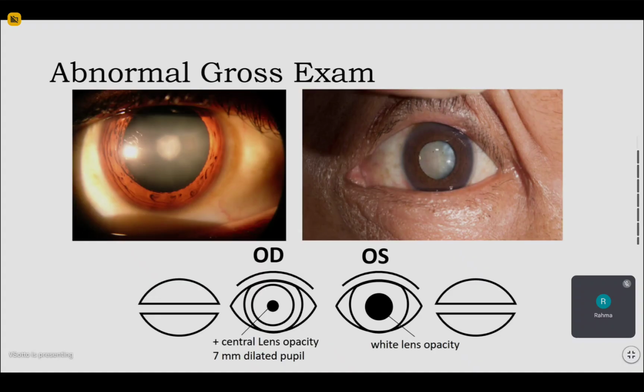When we document findings, we describe what we see, so we don't diagnose it. We use cataract when diagnosing already. So for cataracts, we describe it as having white lens opacity or lens opacity.